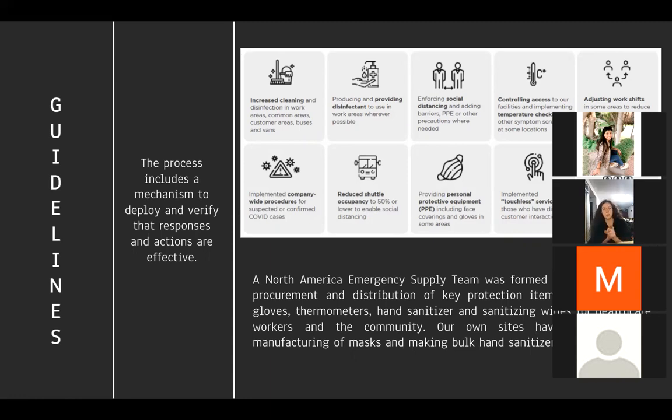These 6 steps are: prepare the building, prepare the workforce, control access, create social distance plans, reduce trace points, and verify the confidence. Also, Tesla has made a North American team so they can distribute and protect items such as masks and hand sanitizers, not only to Tesla, but to all America. Next slide.